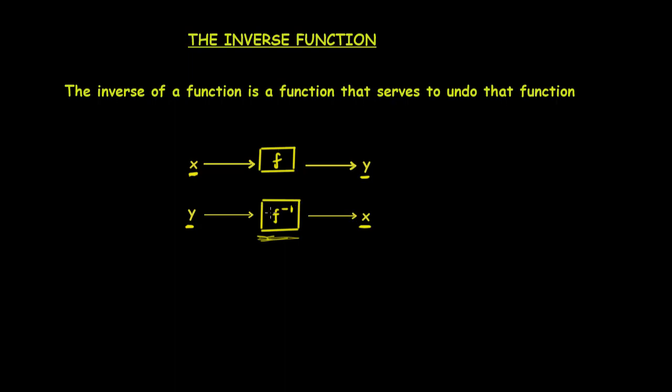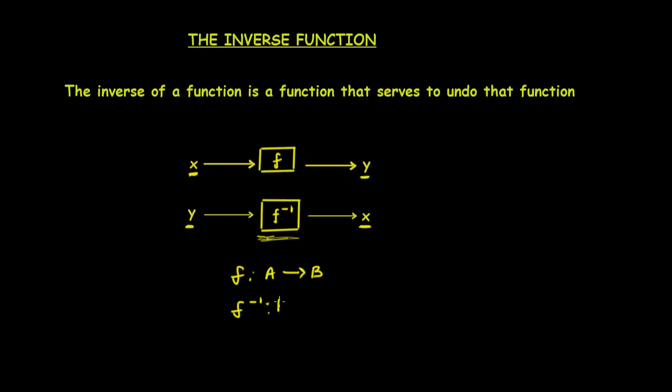Now suppose that F is such that elements of A are mapped to the range which is inside B, and then we know that F inverse does the opposite.